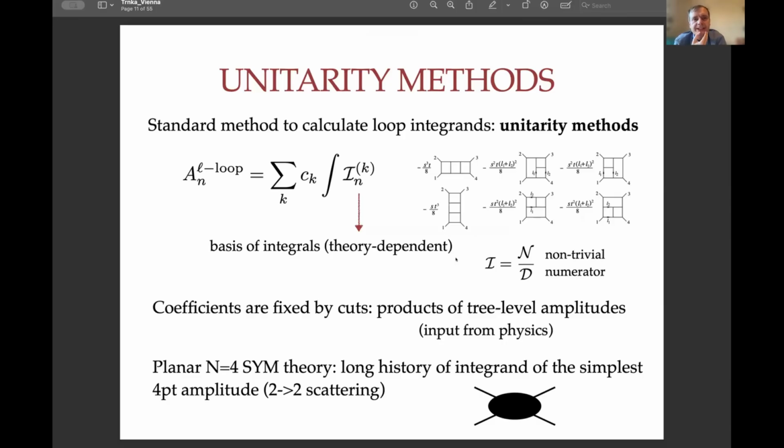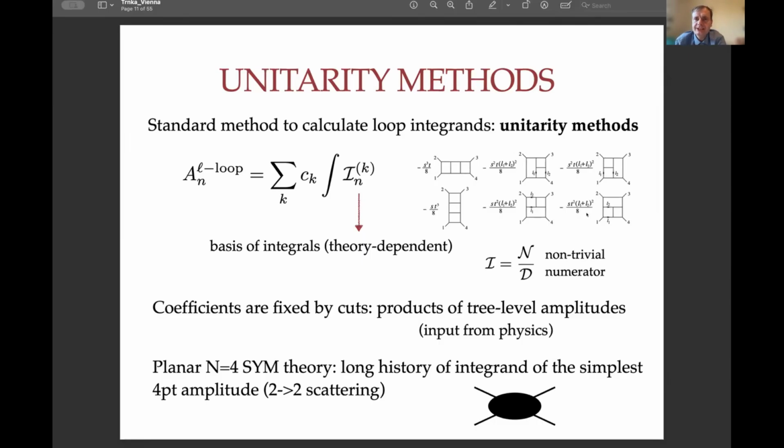And this is expressing the amplitude, the integrated amplitude, as a sum of integrals I, which are integrated, with some kinematical coefficients. And this I is some basis of integrals. They are theory dependent. Depending on which theory you are in, you need different bases, bigger and bigger if you are in a more and more complicated theory.